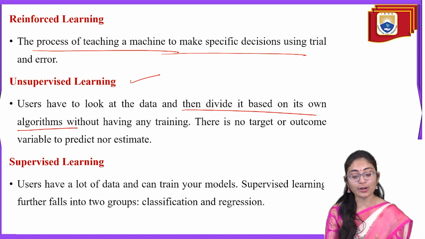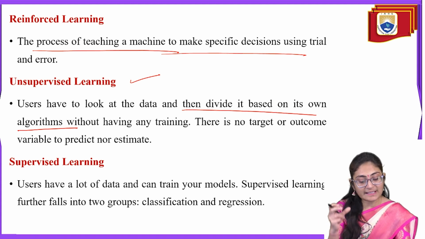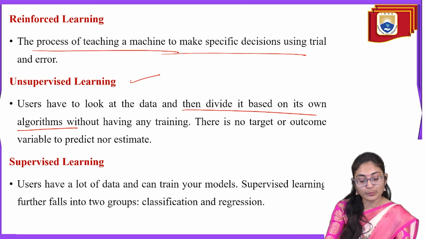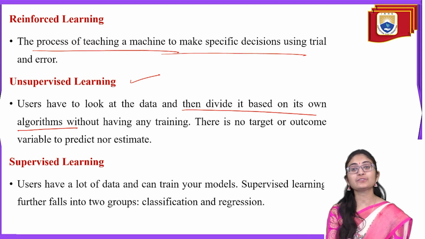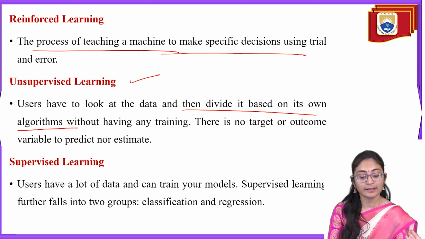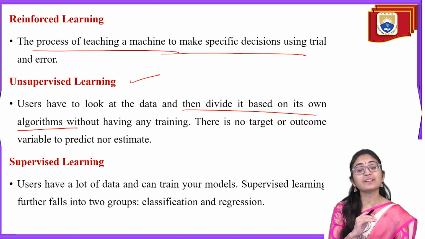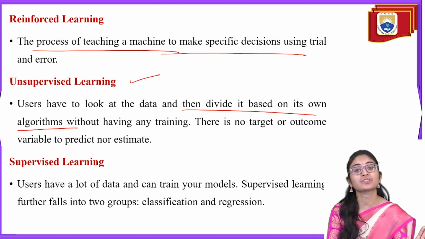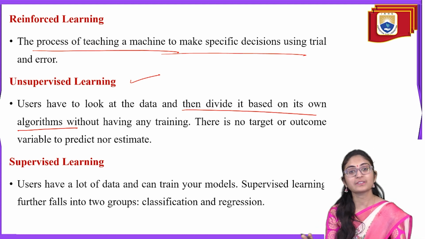There is no target or outcome variable to predict or estimate. That means in unsupervised learning there is no need to give training to your model, and there is no target or outcome variable for prediction or estimation of the results.